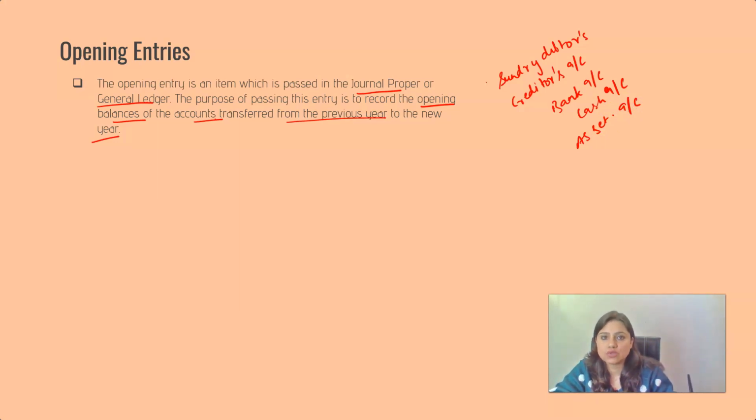All such ledger accounts would have been closed, and the balances of the last year which will be carried forward and become the opening balances of the current accounting period are referred to as the opening entries, or the opening balances of the accounts that have been transferred from the previous year to the new year.